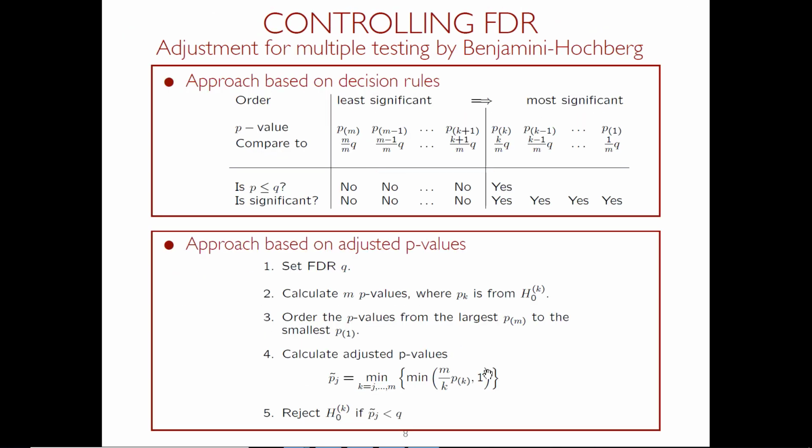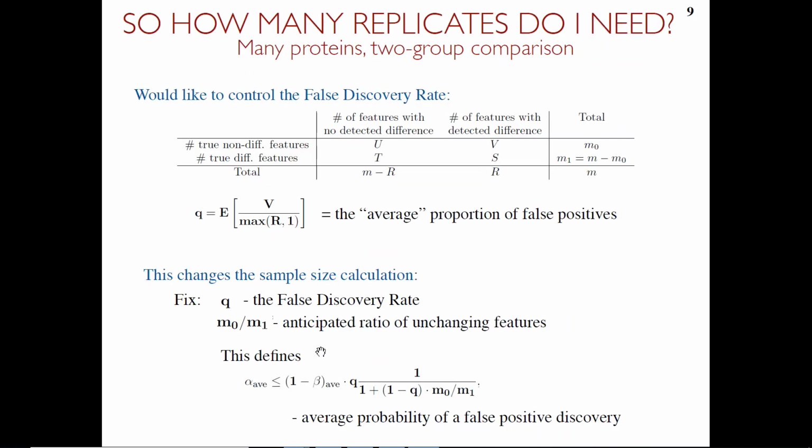Another reason I am presenting this paper is that in the same paper, the same authors established this relationship: if I want to have a given average power, if this is my FDR cutoff, M0 is the number of truly non-changing proteins, and M1 is the number of truly changing proteins, then I can work out the relationship between the average false positive rate for one protein and the false discovery rate.